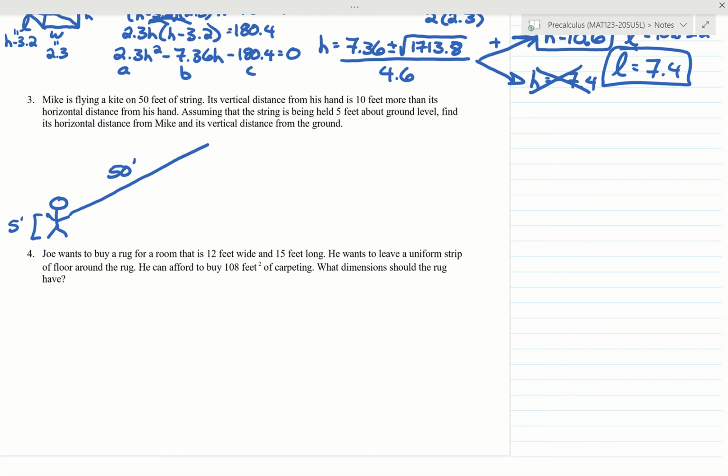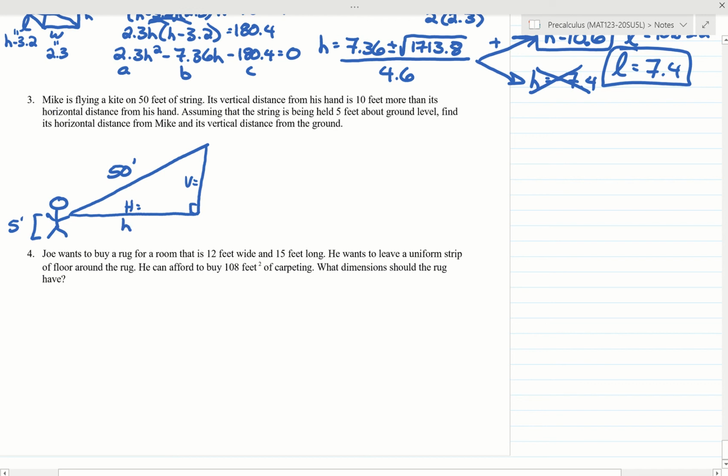Let's see here. Vertical distance. So we have our horizontal distance and we have our vertical distance. That makes a right triangle. Its vertical distance from his hand is 10 feet more than its horizontal distance. I don't know what the horizontal distance is, so I'm just going to call it h.